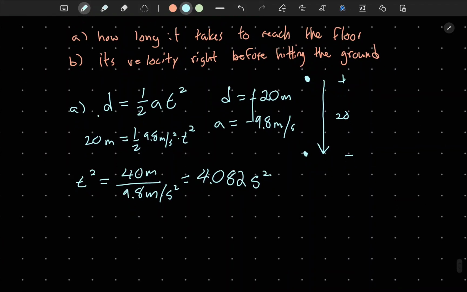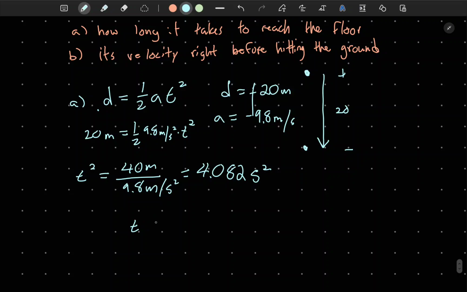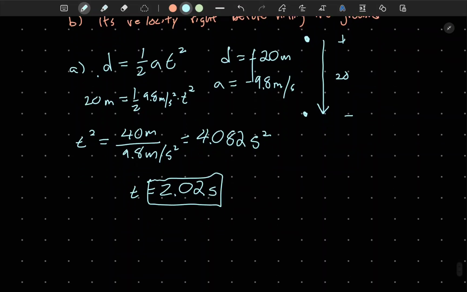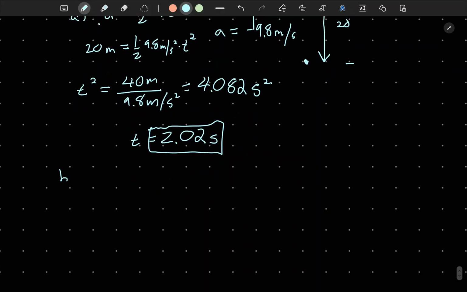And notice how the seconds is still squared, because then we take the square root to find that t is equal to 2.02 seconds. And that's only for part A. So we've got to move on to part B.